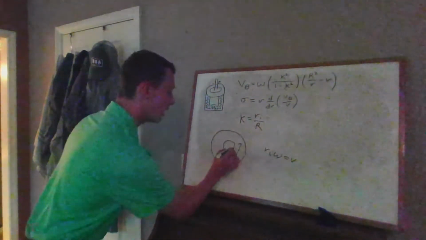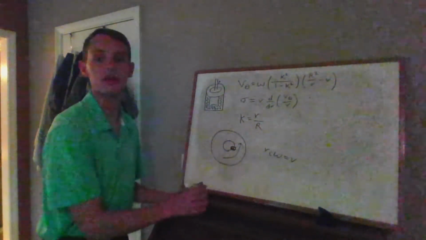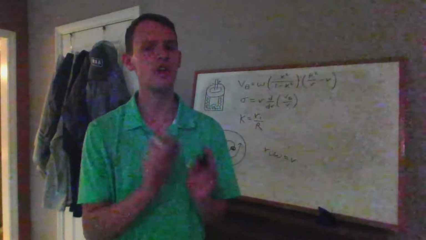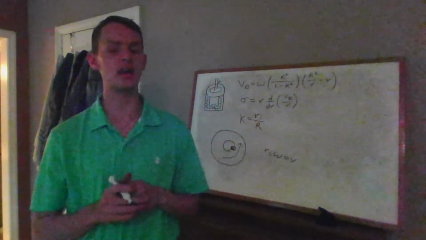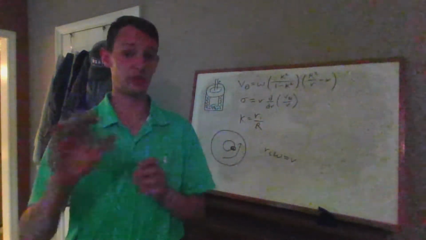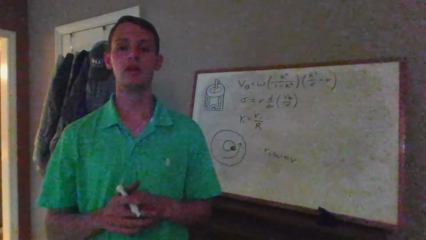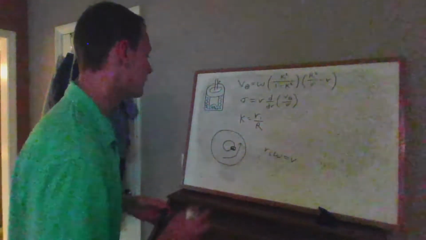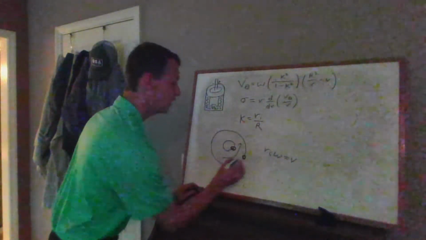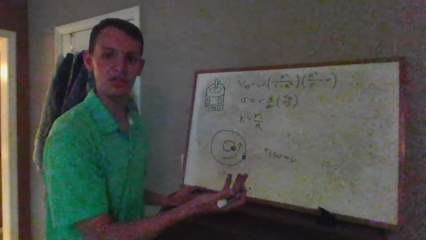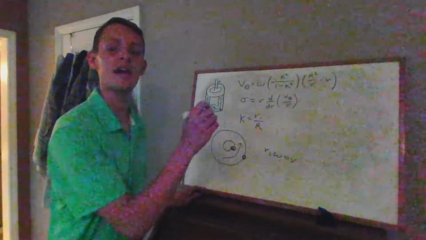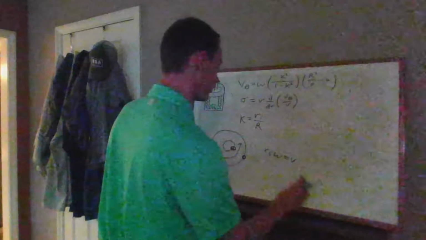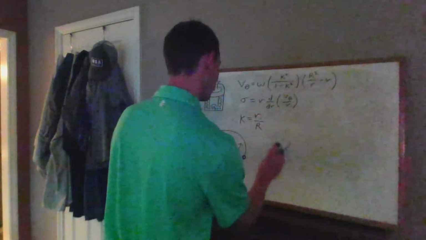So the velocity of the surface of the inner cylinder is equivalent to the velocity of the liquid at that surface. What would that mean for the velocity of our liquid at the surface of the outer cylinder? Hopefully you realize that that would be zero. The velocity would be zero because our outer cylinder is not moving. So if the velocity of the surface is zero, then the velocity of the liquid at that surface is zero, assuming the no-slip boundary condition holds.